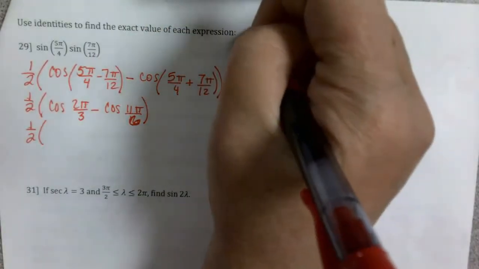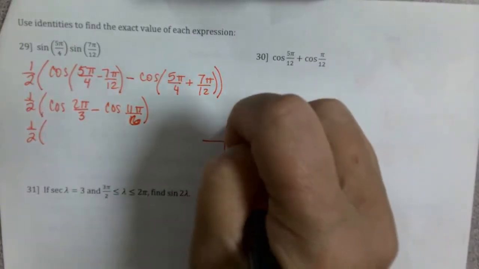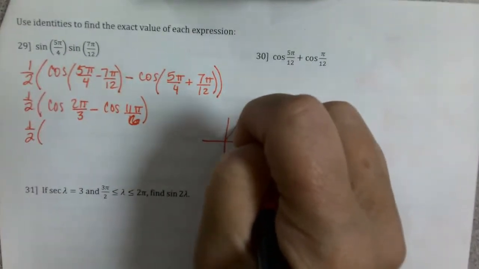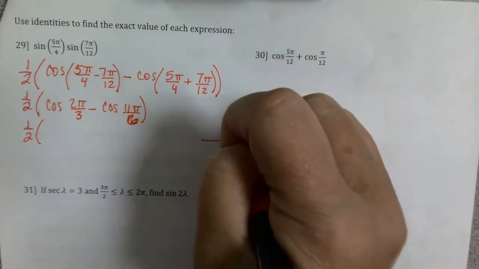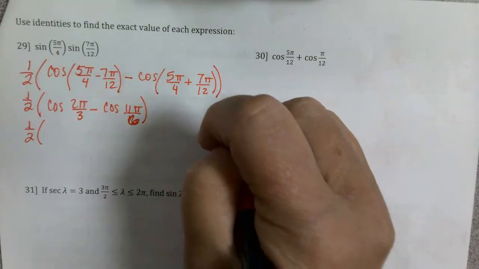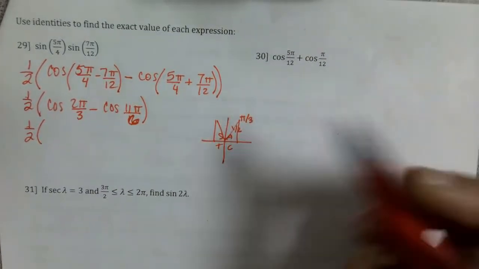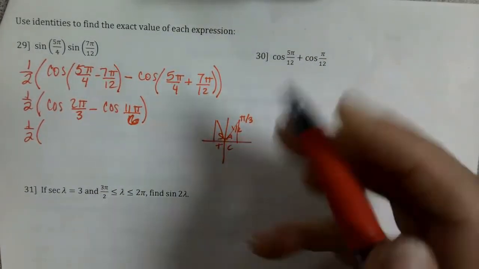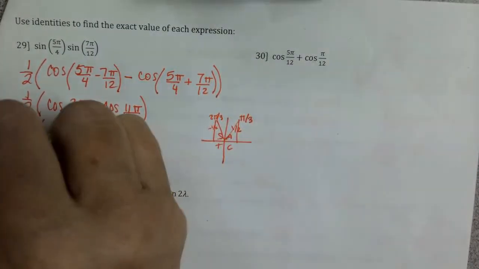So on our circle, that's our reference angle at π/3, and that's 1/2 as a cosine. And then 2π/3 is in quadrant 2. All students take calculus. Cosine is negative here at 2π/3, so it would be a negative 1/2.